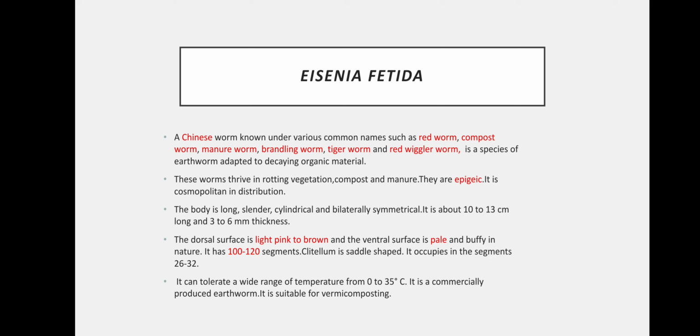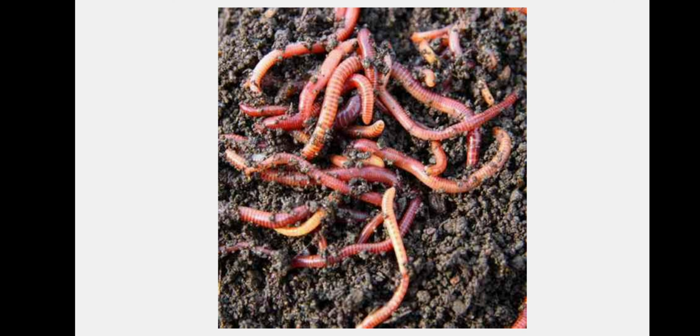At first we said 14 to 17, so in this case it differs. It lies in the 26th to 32nd segment. It can tolerate a wide range of temperature from 0 to 35 degrees Celsius. Commercially produced earthworm, so only they are used. So this is a picture of Eisenia fetida.